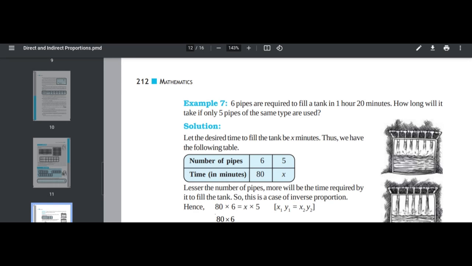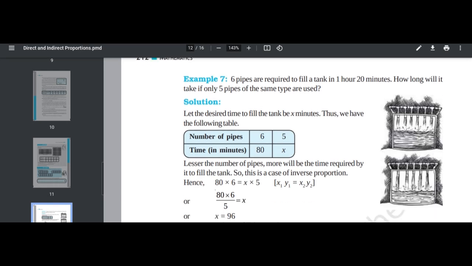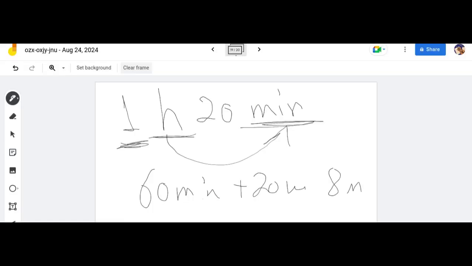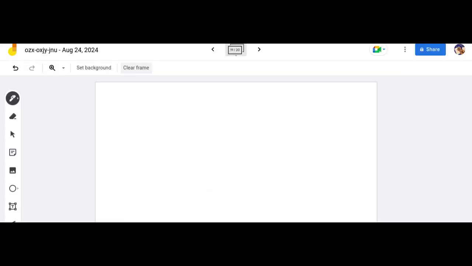For the 5 pipes, I have to solve like this for the inverse proportionality. Remember that. For the direct proportionality in the previous question, we wrote x1 over y1 equals x2 over y2. This is for the direct.